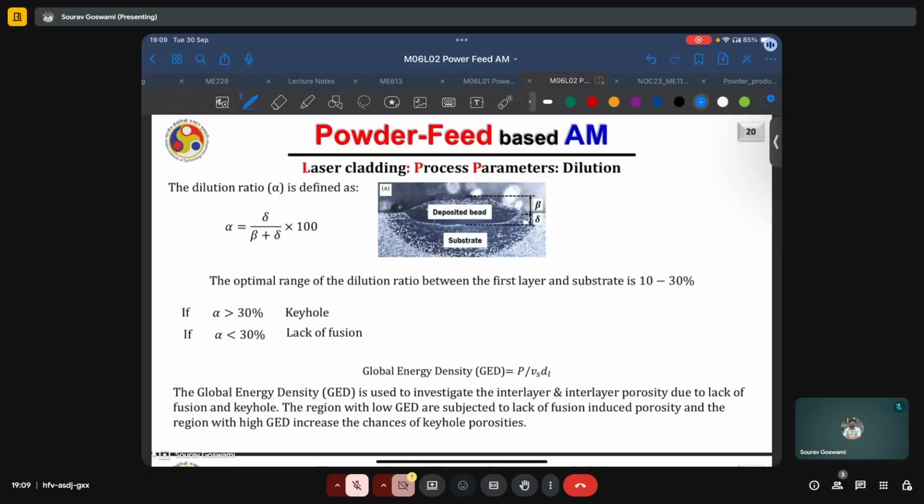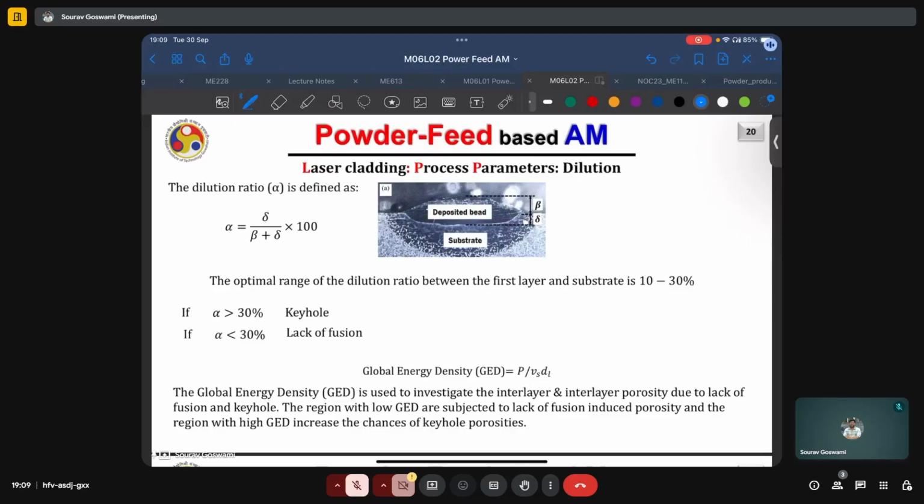Dilution ratio is also defined in this slide, which is equal to the depth of the melt pool below the surface, assuming the substrate surface as the datum, by the total height of the deposited region, or as shown here, the dilution ratio alpha equals delta by delta plus beta into 100.